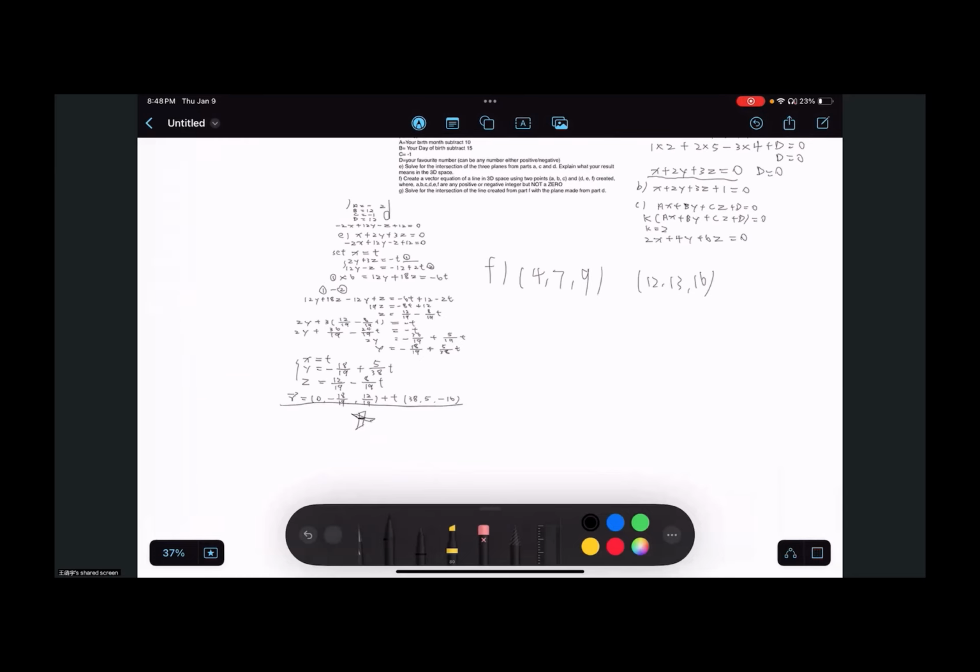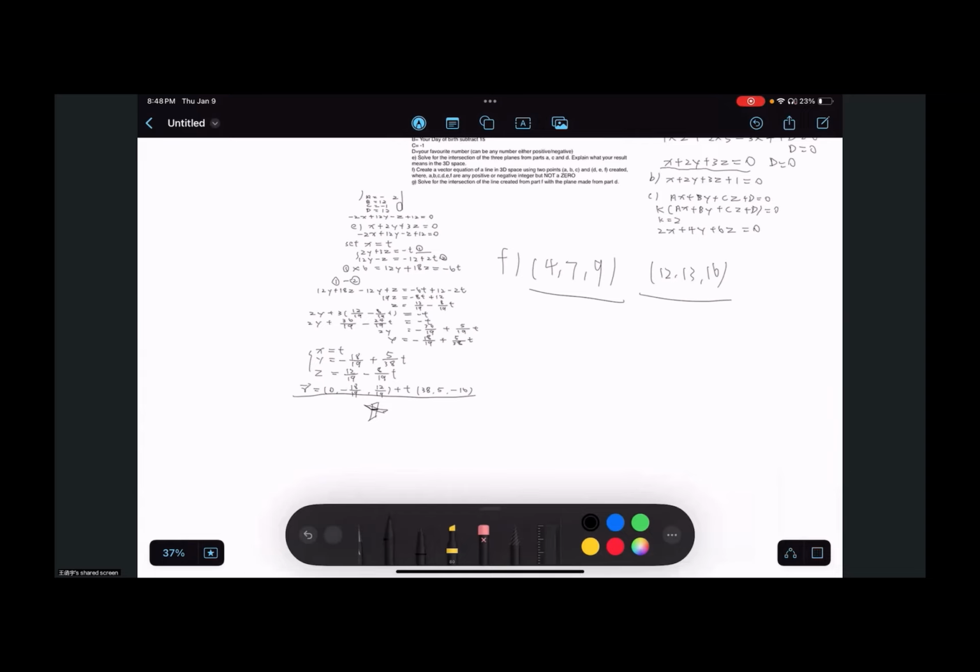To find the direction vector, we can just use this point minus this point, and we can use one of the 2 points as a point.